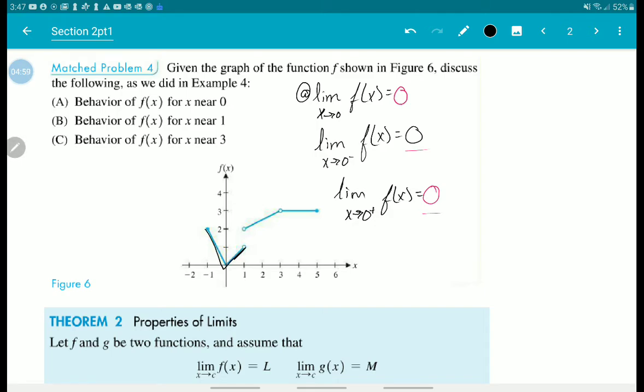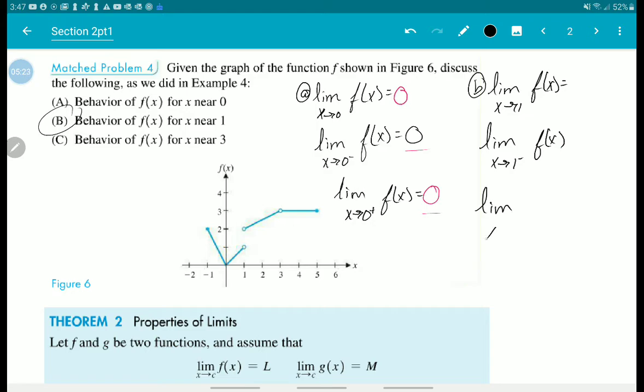Well, at 0 it is continuous, but when we talk about 1, there's this big gap here. So notice this function is not continuous at 1, but let's talk about that behavior in terms of limits. We want to know what is the limit as x approaches 1 for the function. But to determine that, we need to look at left-hand and right-hand limits.